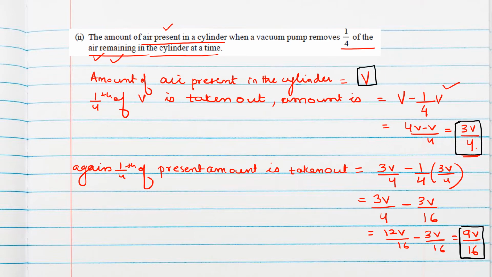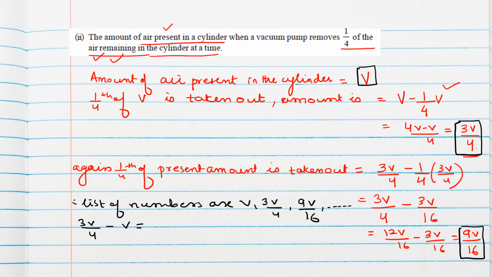Therefore, the list of numbers are V, 3V by 4, 9V by 16, and so on. If we take 1 by 4th of the present again, we will get one more number. Now to check whether this list of numbers makes an AP or not, we will find the difference. So 3V by 4, second term minus first term. Okay, this will give 3V minus 4V by 4, that is minus V by 4.